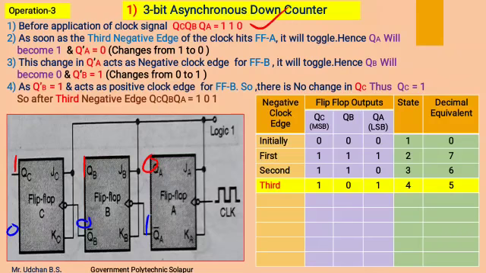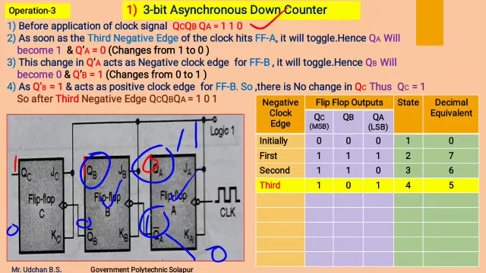Now as soon as the third negative edge hits flip-flop A, it will get toggled, by which this 0 will become a 1, and this 1 will become a 0 in QA complement. Therefore the change in QA complement from 1 to 0 will give a negative edge to flip-flop B. Therefore flip-flop B gets toggled, and its output will change from 1 to 0.